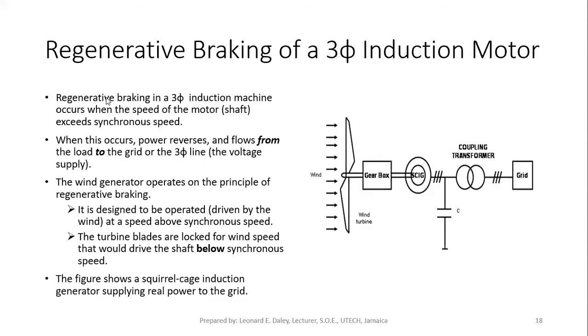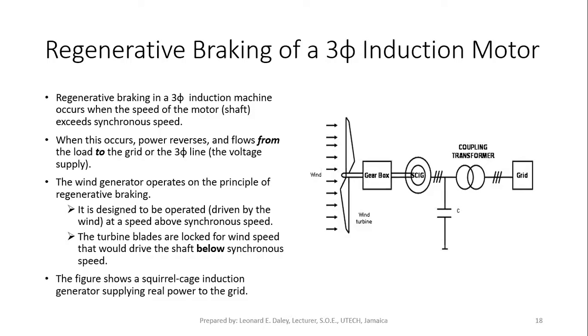But let's look at regenerative braking in an induction motor, and this occurs when the speed of the motor exceeds synchronous speed. Now, when this occurs, as we said before, the power reverses and flows from the load to the grid.